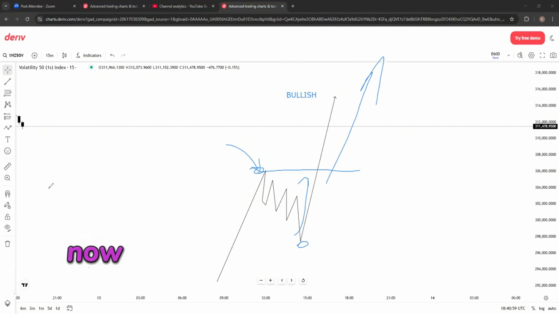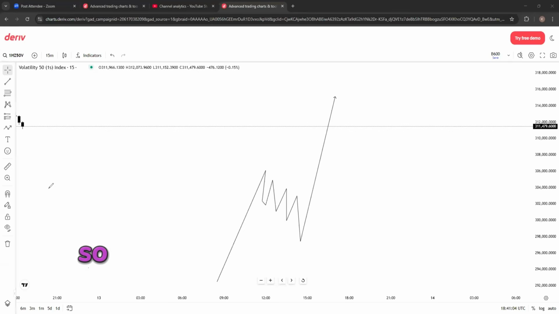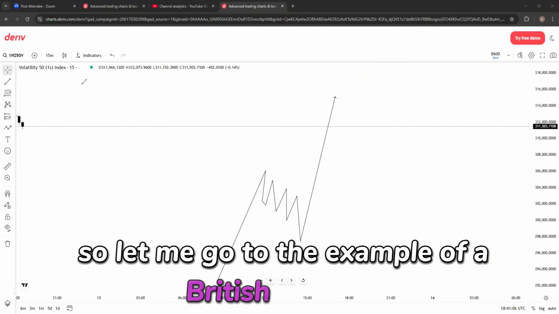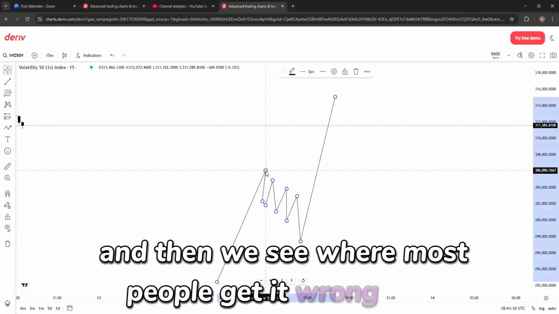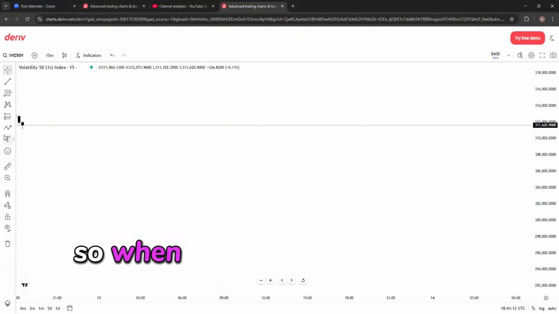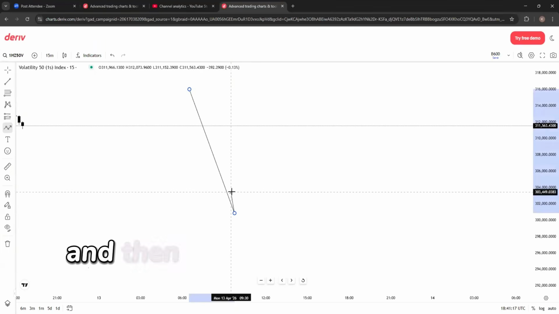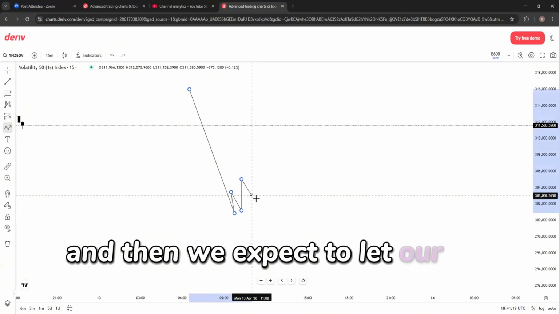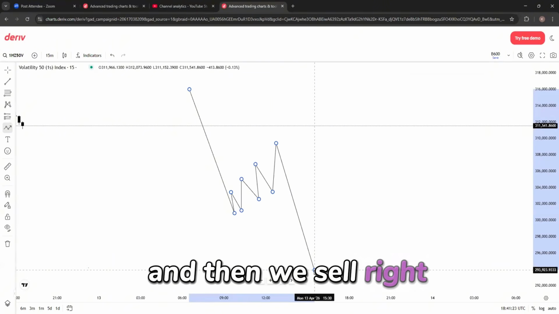Now, this is where most people get it wrong. So let me go to the example of a bearish flag first, and then we see where most people get it wrong, right? When we are having a bearish flag, we expect to have a low, and then we expect to let our flag play, and then we sell, right?